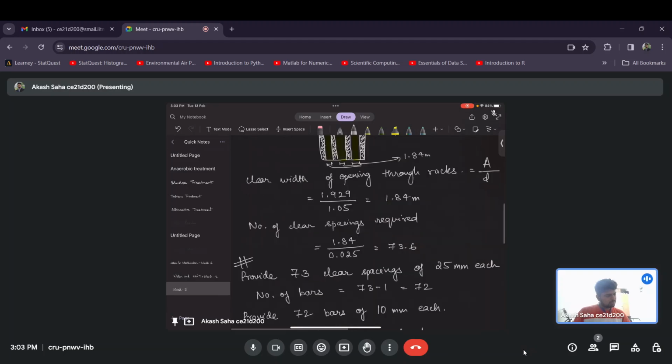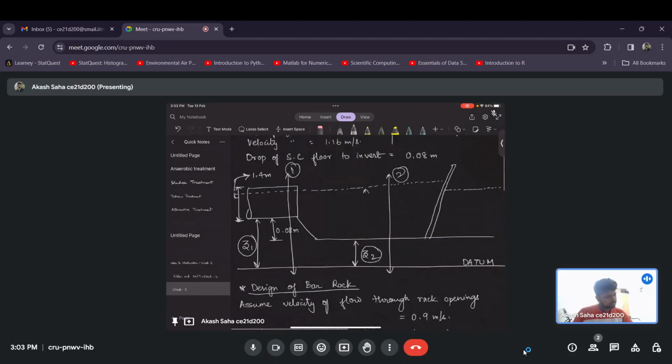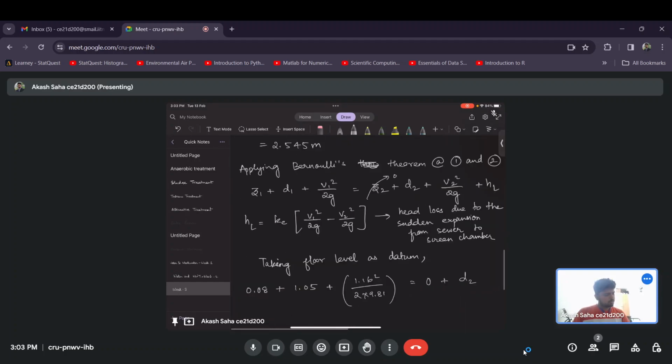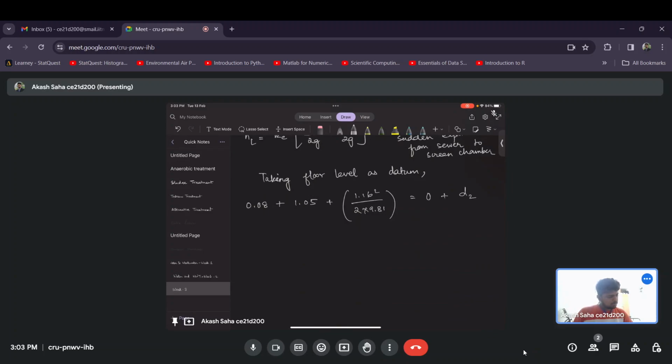That is nothing but this thing. This is my D2, and this was my D1, 1.05 meter. D2 I have to find out, plus my V2 square.